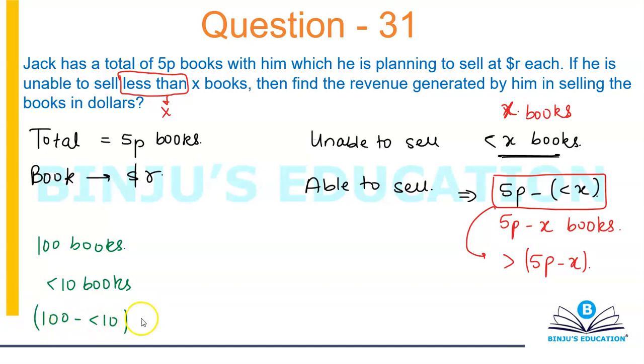Now what is 100 minus 10? That's 90. What is 100 minus something less than 10? It would be greater than 90. So this would automatically become greater than 90. This is exactly the same concept I have used here.